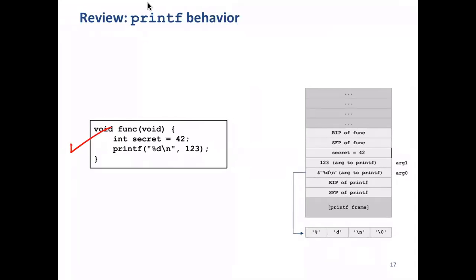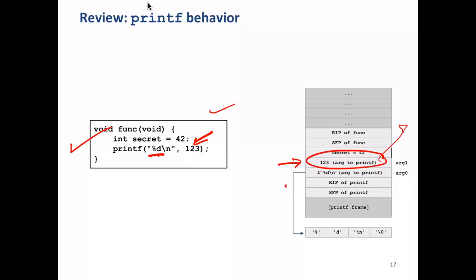So now when the program is in execution, this function looks at this specifier D, it will look at the argument here. This argument is stored here, this is argument 1, so its position is known, and as a result it will print whatever is here into the terminal.